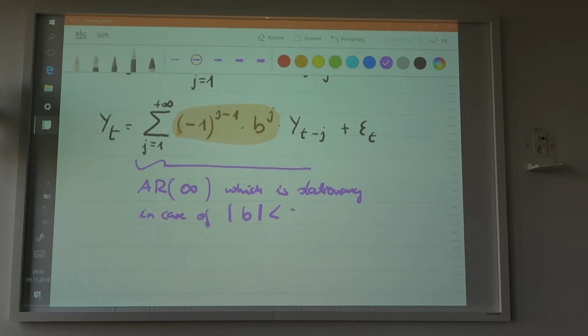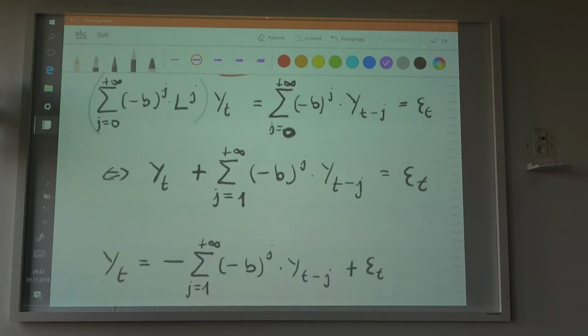Because if that's not the case, then the process is not going to be stationary. Now, of course, I assumed that the constant was equal to 0, but it doesn't make any difference.